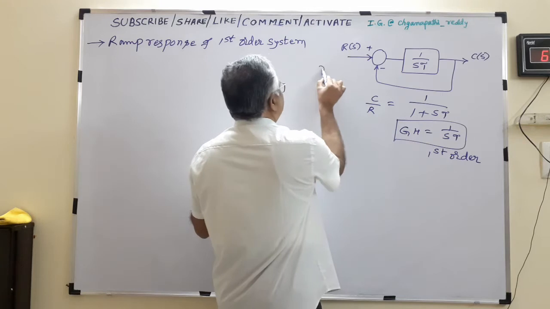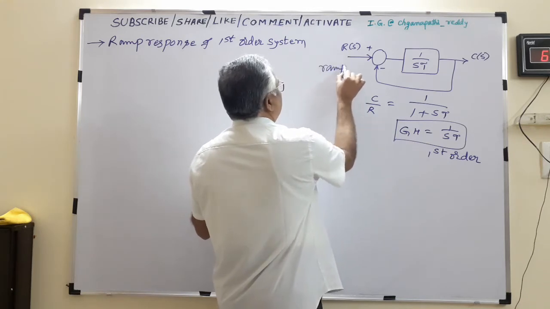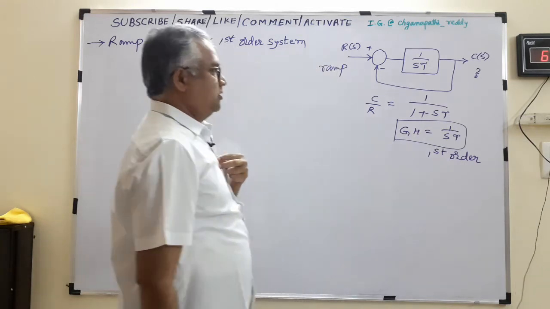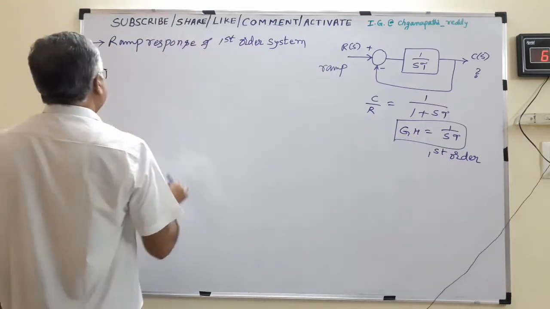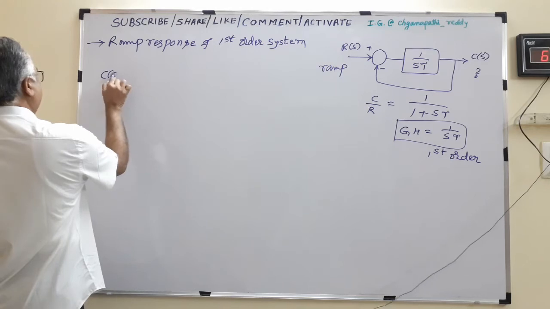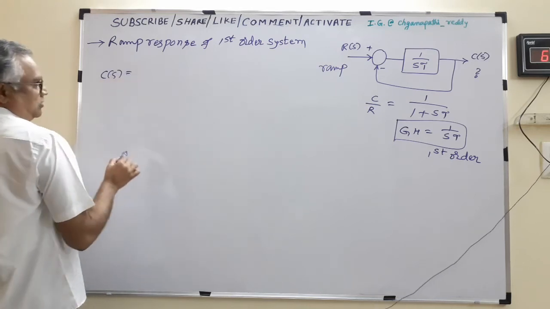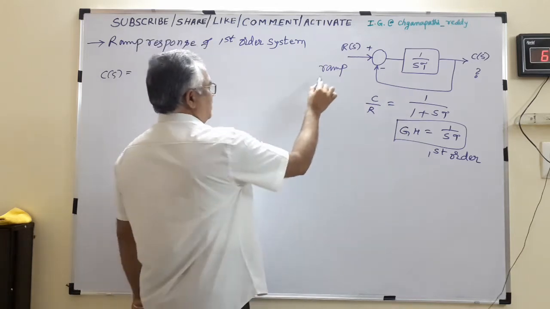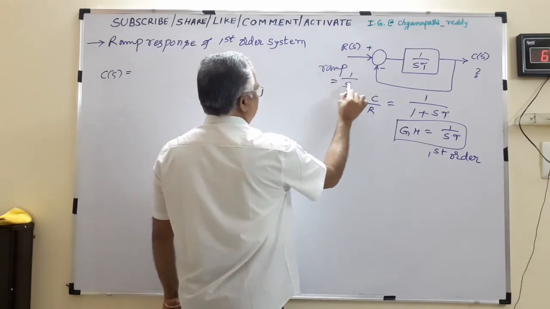And when input is ramp, how to find this response? So therefore, C of S is equal to this, R of S will come here. What is Laplace of ramp? 1 by S square.